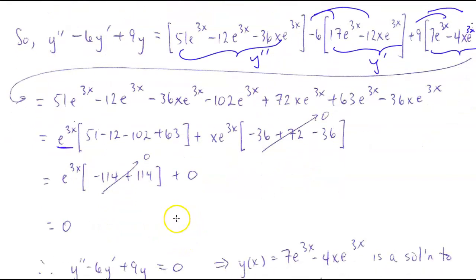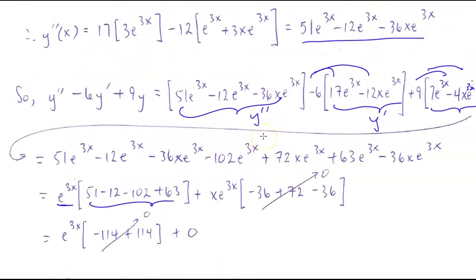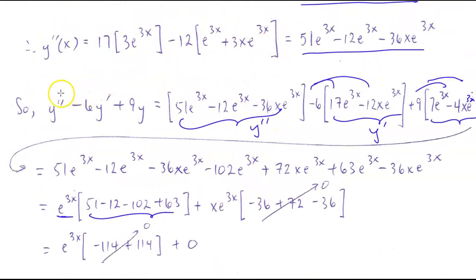And so here we see that all this adds up to be 0 because we have minus 114 plus 114. Of course, the minus 36 plus 72 minus 36 ends up being 0 as well. So all this ends up being 0. And of course, what we were trying to do was to ask, does all of this end up equaling 0 to begin with?